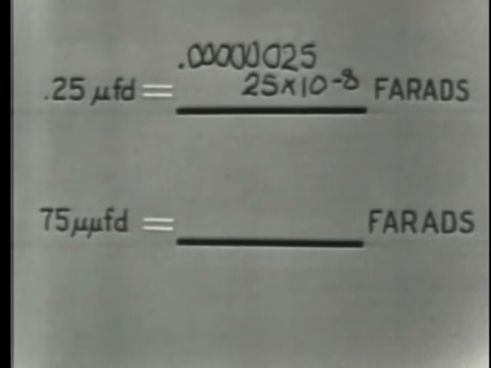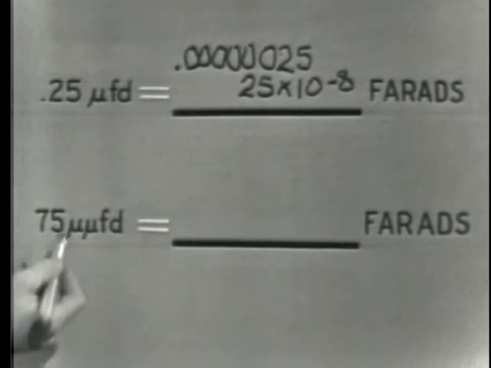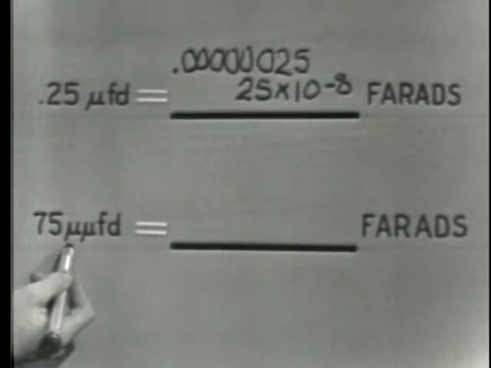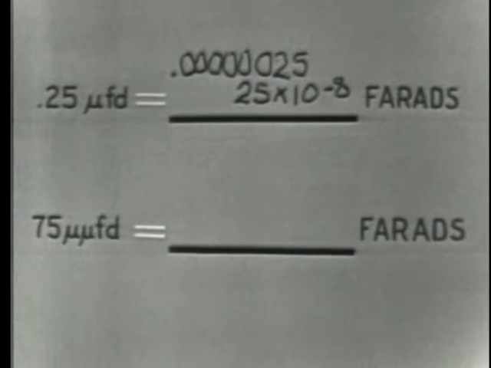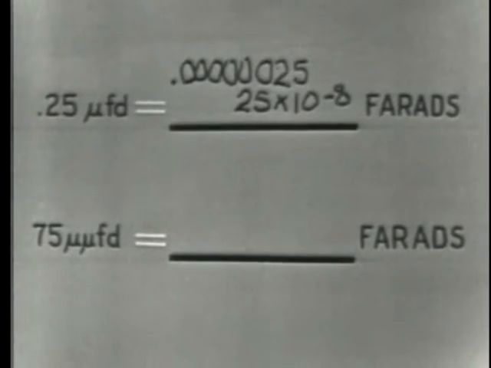All you need to do is count the number of places to the right of the decimal point and write the value as I did, using the number of places as the minus power of 10. Now, in this one, we must move the decimal point 12 places to the left because it's in micro-microfarads.